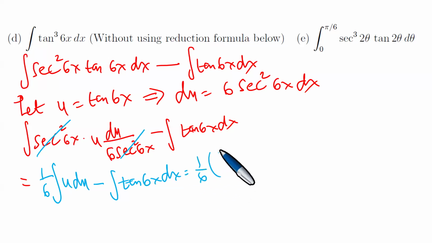Which is 1 over 6 times the integral, which is u squared over 2, minus 1 over 6 times, okay, what is the integral of the tangent?